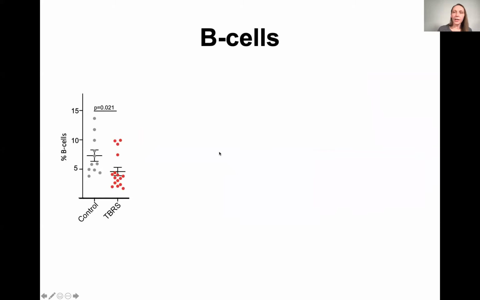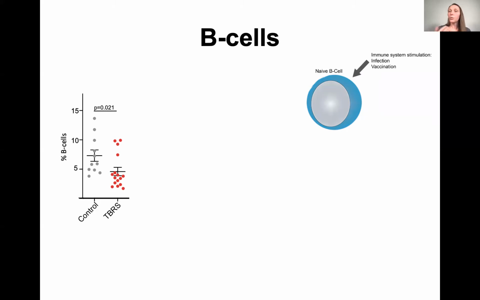Okay, and then finally, one of the notable findings from our study were in another type of white blood cell called B cells. And what we found is that our TBRS individuals, on average, had lower numbers of B cells compared to individuals without TBRS. Now, the B cells are another really important infection-fighting cell, and their general role is to respond to immune system stimulation, be it by an infection or a vaccination.